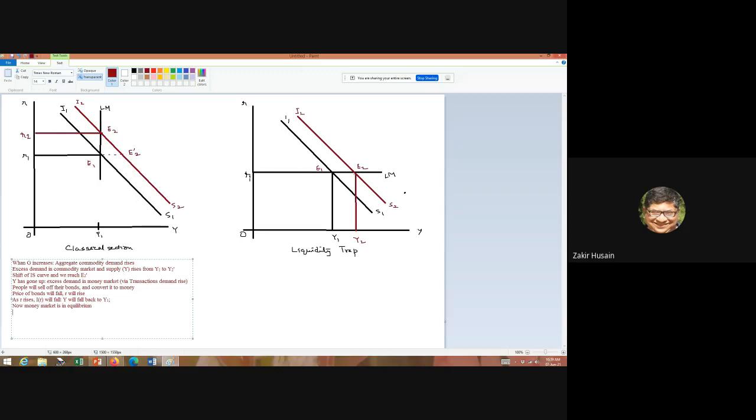Money market is in equilibrium. Okay. We are moving along the IS curve. So commodity market also is in equilibrium.